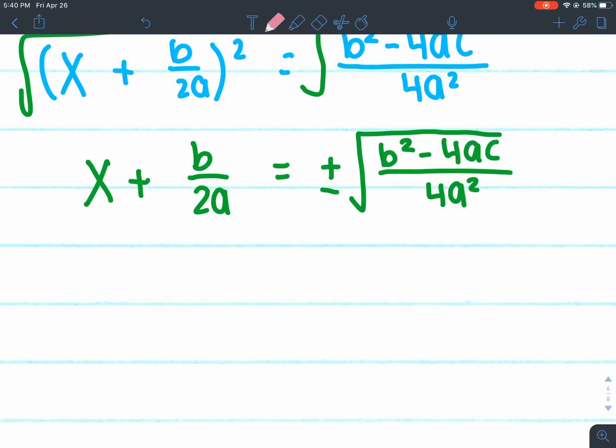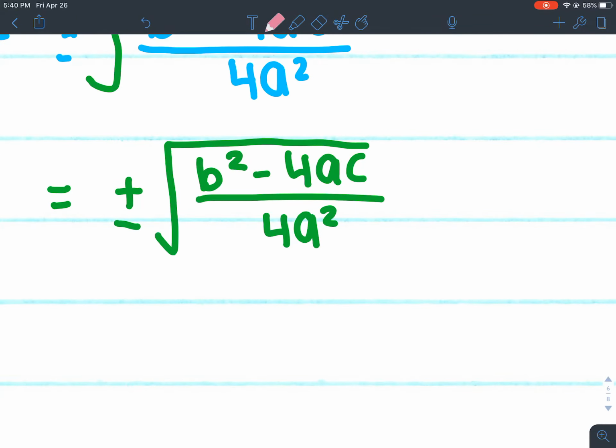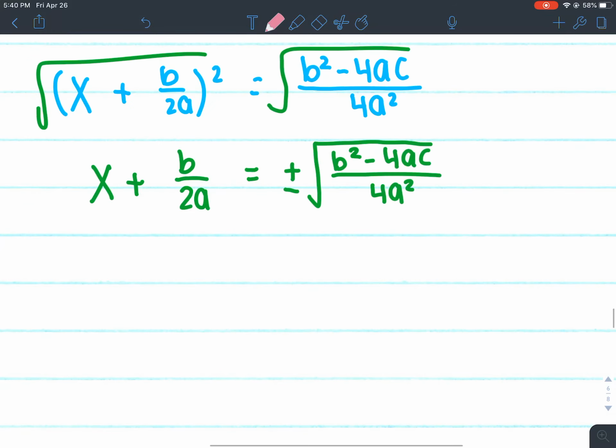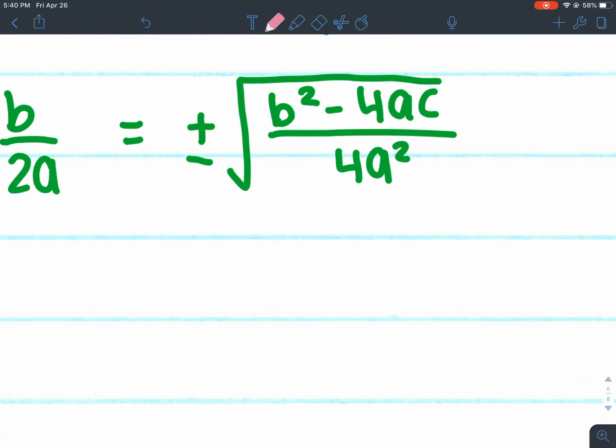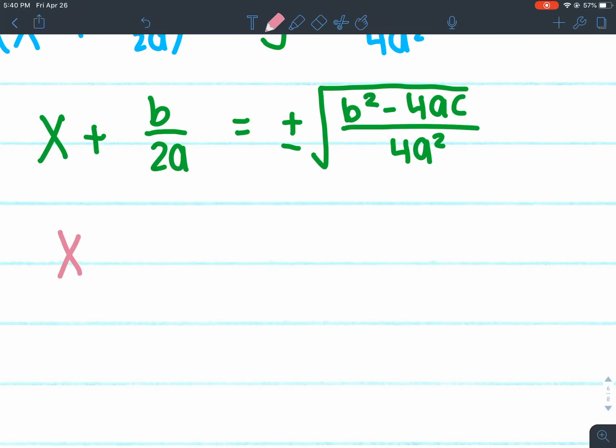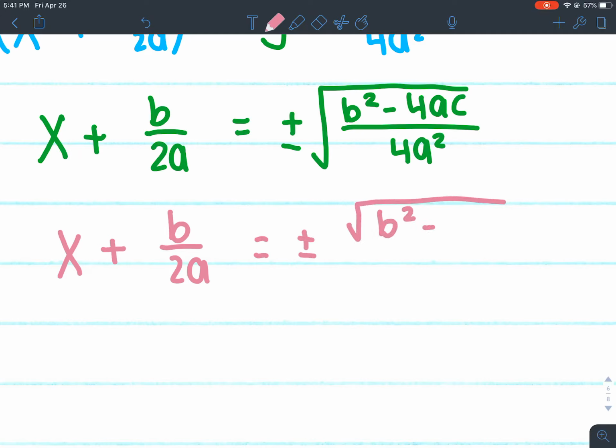Okay? Now, what property did we learn that we could split up a radical like this? Since I have a fraction underneath, I can split my radical into two parts. So we have x plus b over 2a, and I have plus or minus the square root of b squared minus 4ac over the square root of 4a squared.